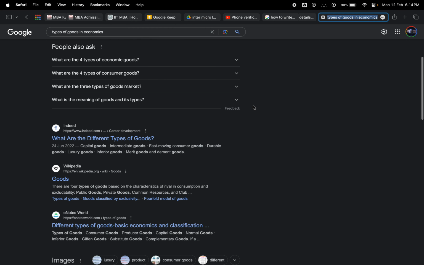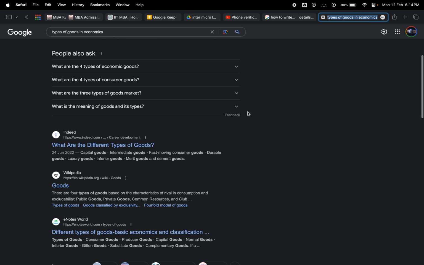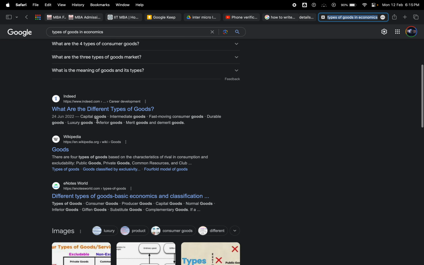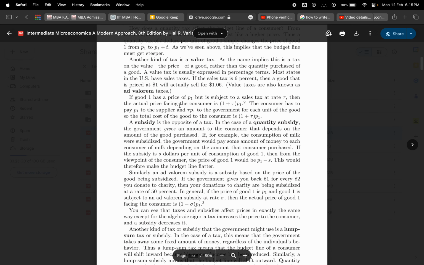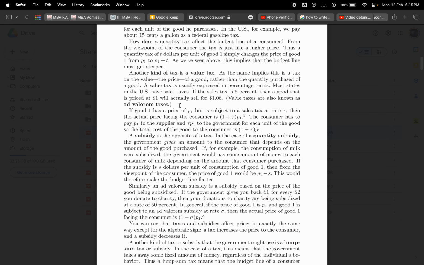There are also giffen goods. Let's see here: capital goods, intermediate goods, fast moving consumer goods, durable goods, luxury goods, inferior goods, merit goods, and demerit goods. There are all sorts of goods. Right. So now we know what a value tax is.